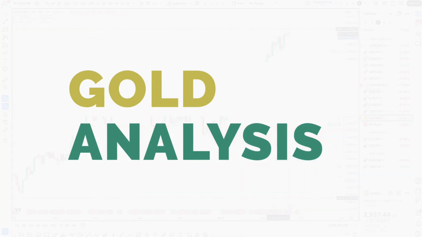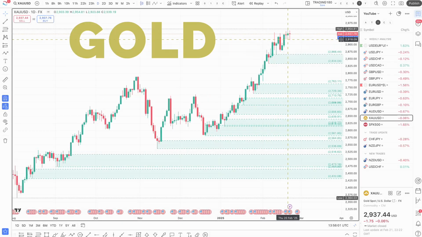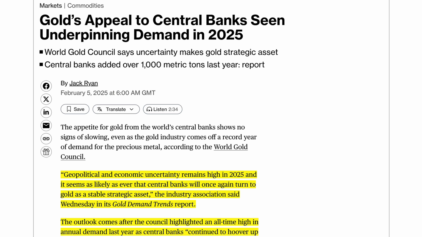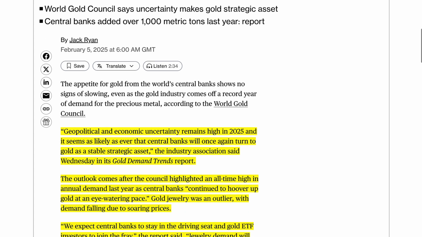Moving to gold, and gold continuing to make new highs, nearly at the 3,000 mark. And we see here that gold's appeal to central banks is seen underpinning demand in 2025. The World Gold Council says uncertainty makes gold a strategic asset. Central banks added over 1,000 metric tons last year.